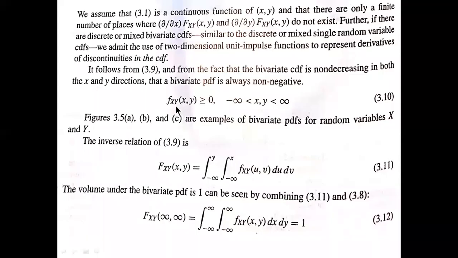So then we can write f of x, y, x comma y greater than or equal to 0 for minus infinity less than x, y less than infinity. Okay, so this will always be greater than or equal to 0 if x and y are between minus infinity and plus infinity. So 3.5a, 5b, and 5c will give us the bivariate probability density function for the random variables x and y.